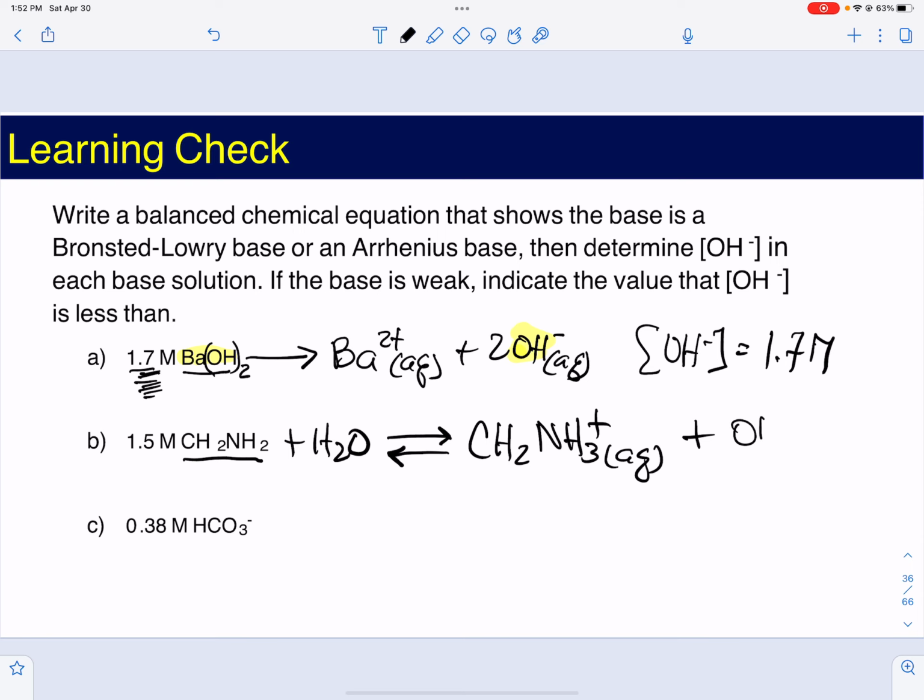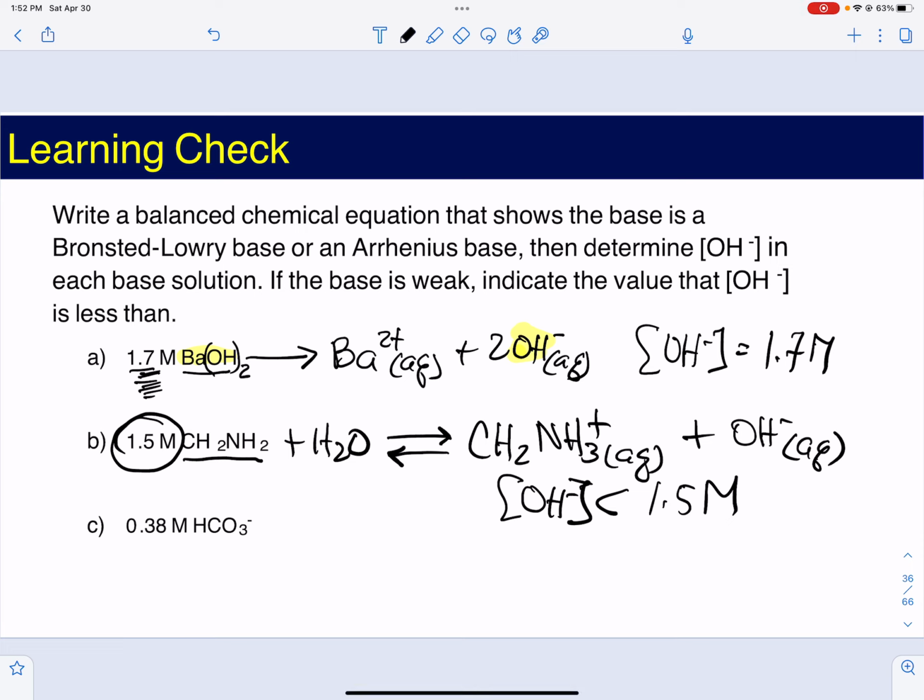And hydroxide will become the conjugate base of water. And since this is not a strong base, the only thing we can say is that the hydroxide concentration is going to be less than 1.5 molar. It doesn't go 100%.